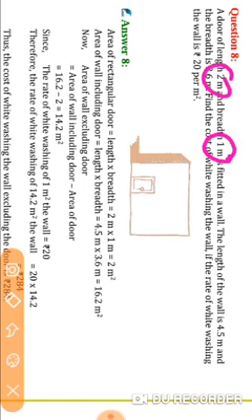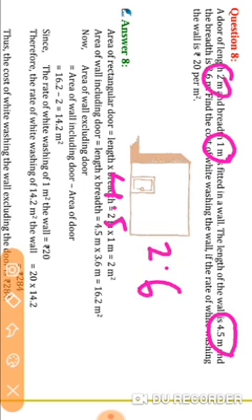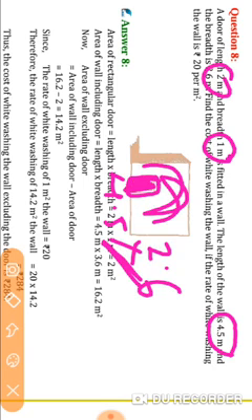The length of the wall is 4.5 meter and the breadth is 3.6. In this area multiplication, we have to subtract the area of the door. Then the remaining area is nothing but the area to whitewash, to paint the wall, isn't it?